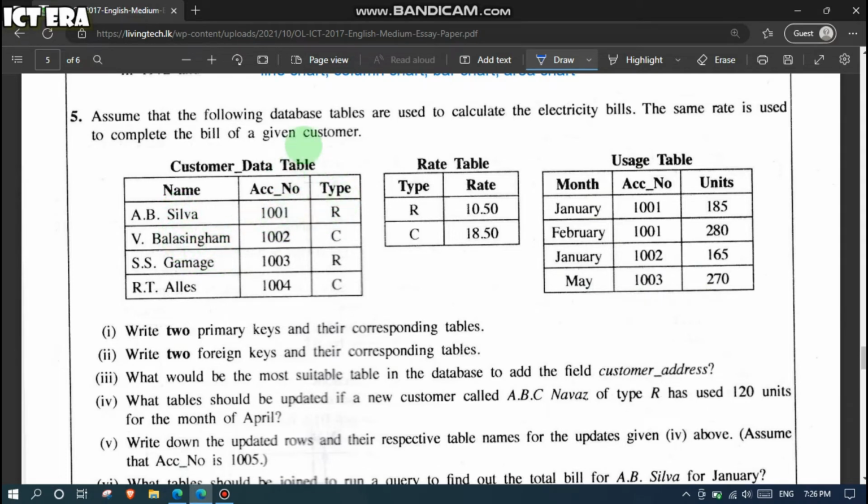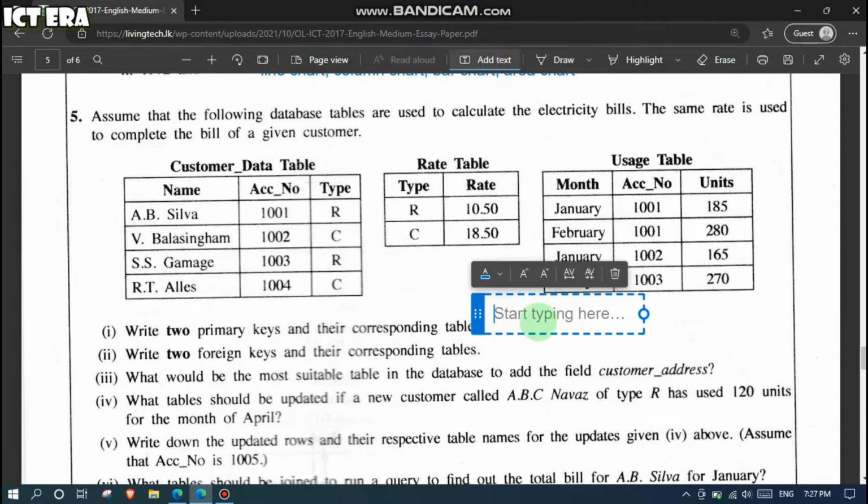So account number we can take, because you can see here 1001, then 2, no duplications can be seen. Then type cannot be taken because duplications happen.